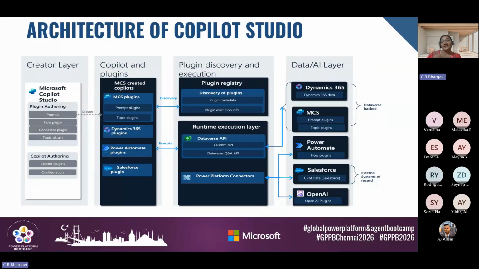In that case, you handle it with the Dataverse API, and Dataverse allows you to create connectors, which give you the response on the same. APIs will be given to you, and you connect it with the MCP inside Copilot Studio as a plugin, and from there you can go ahead and use it.